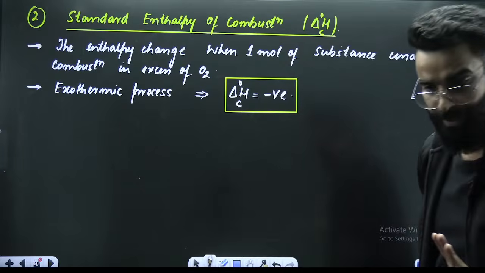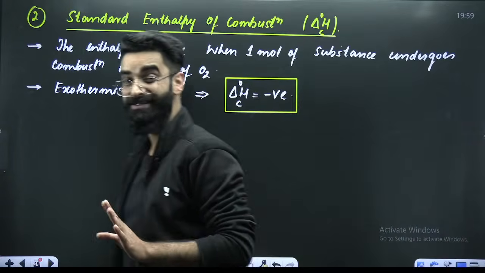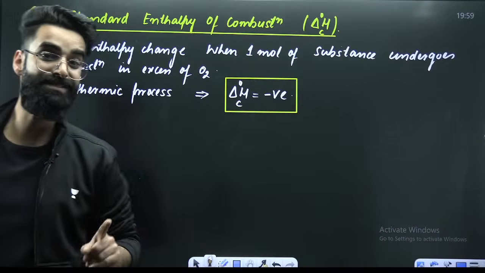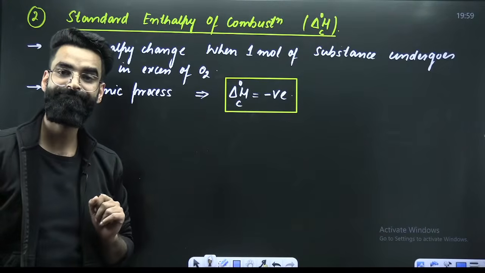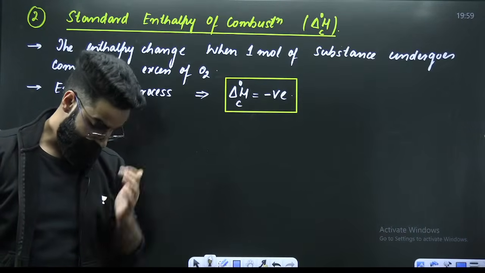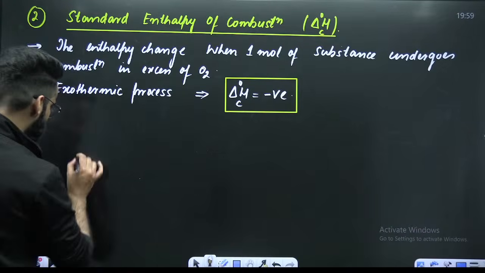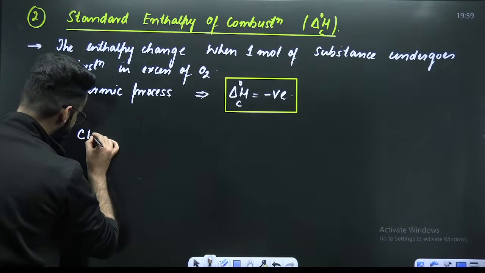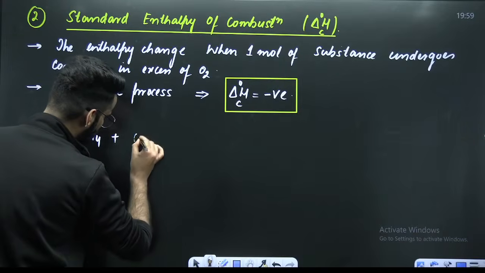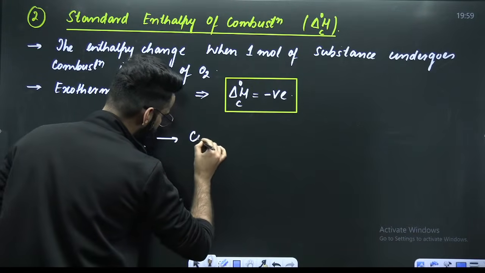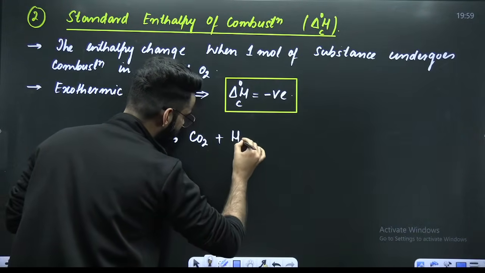Now people try to understand what it means. Have a careful look. My dear students, for example, I'm writing a reaction. Understand it like this: CH4 plus O2 gas gives carbon dioxide and water.